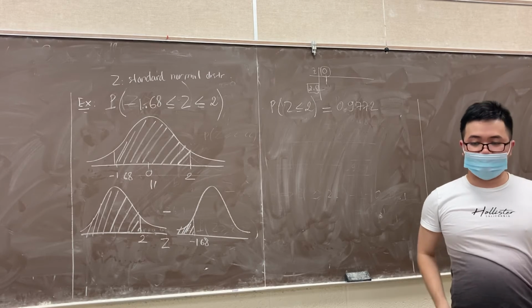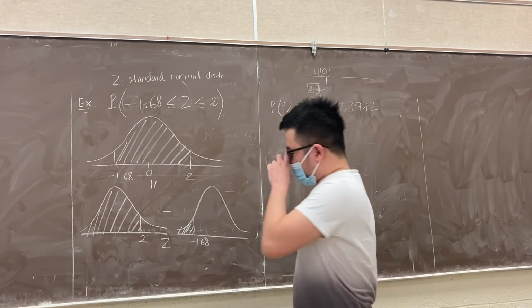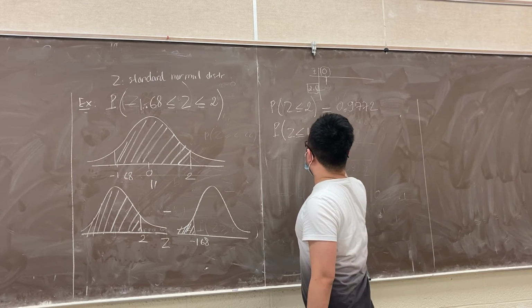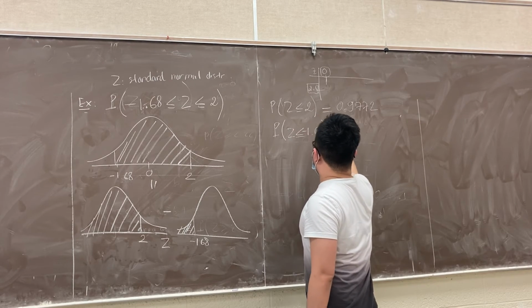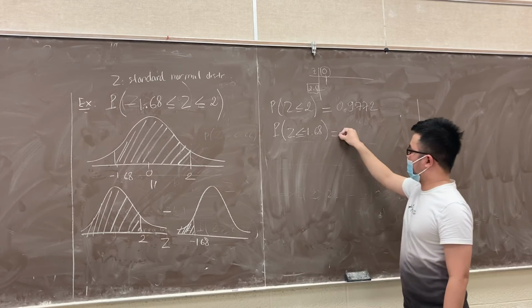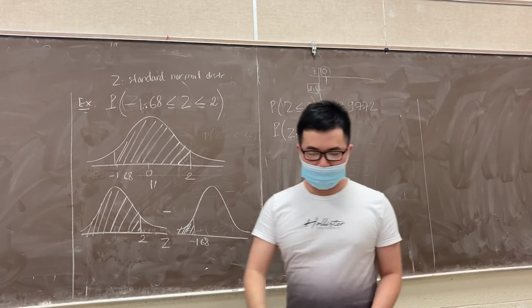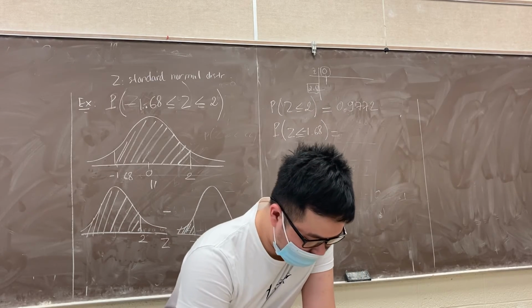And could you tell me the probability of Z less than this number? Negative, okay, negative. Could you tell me? I got 0.0465.